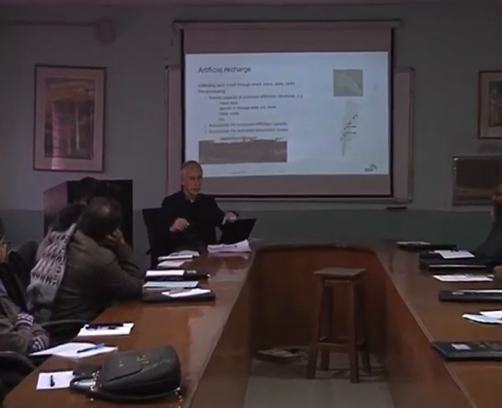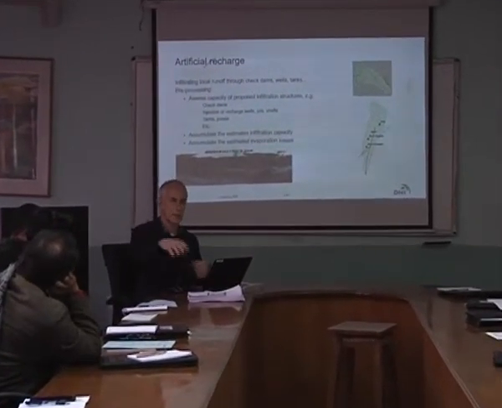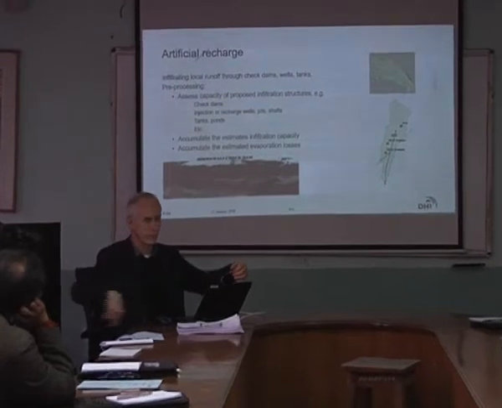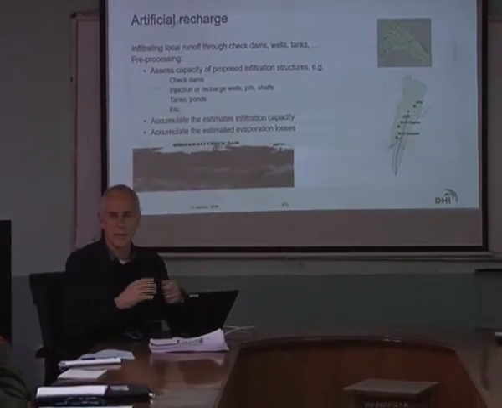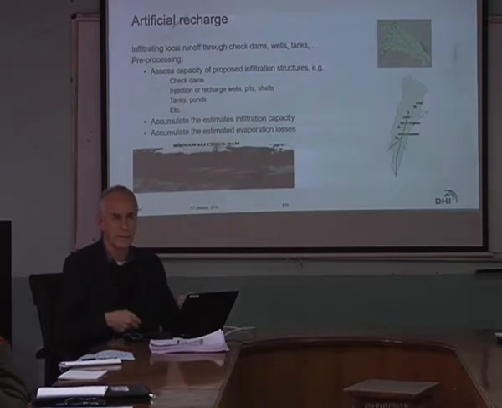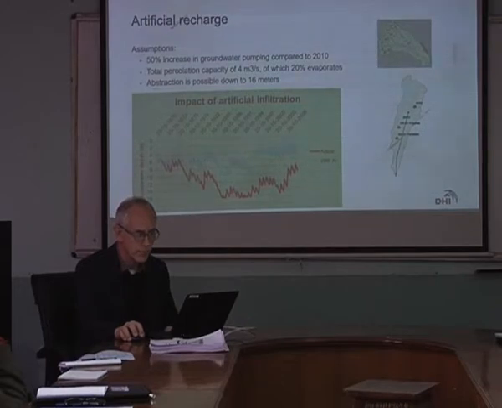The wells would be much more efficient, because if you just divert a little stream into a well which is, I don't know, 4 meters in diameter, the water quickly infiltrates, there's not much evaporation loss, and it can hopefully go quickly down. So in this exercise, what we decided was to assume that in future, compared to 2010, the pumping of groundwater, the abstraction, would increase by 50%.